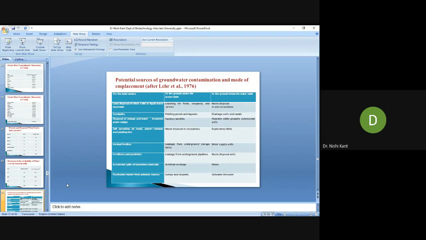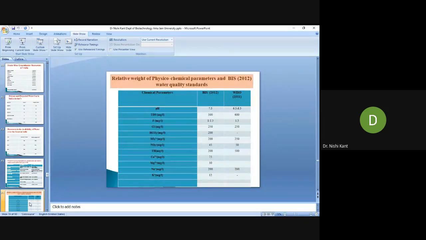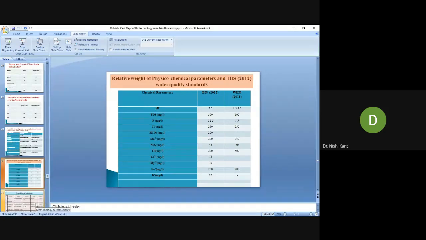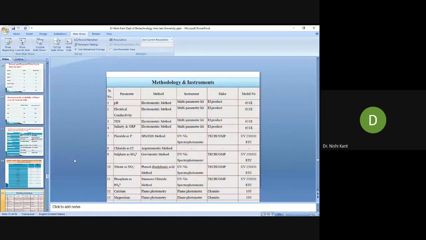This is the potential source of groundwater contamination and mode of replacement. This is the relative weights of the physical chemical parameters, the Bureau of Indian Standards water quality standards. This is the methodology to find the physical chemical parameters of drinking water or any groundwater.